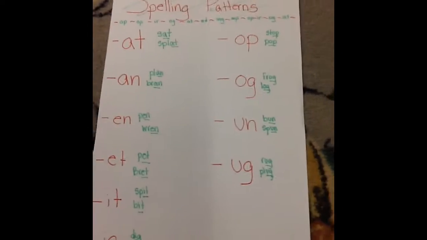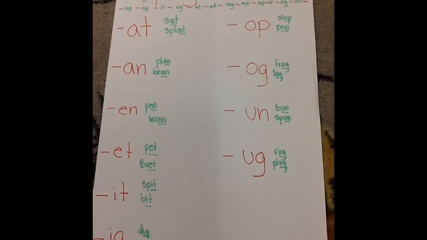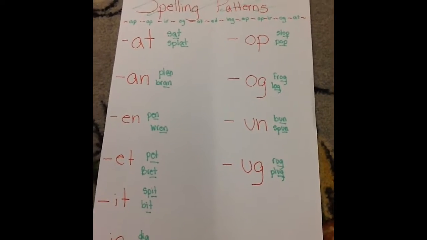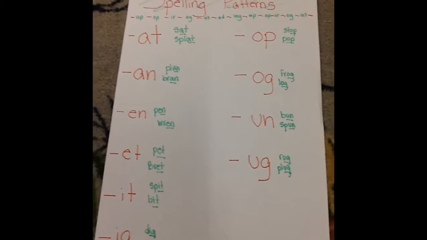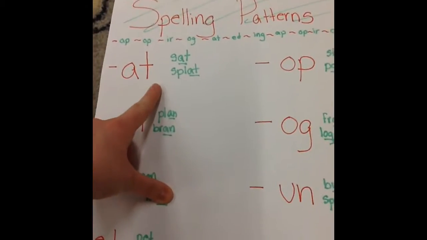Now, yesterday during reading, we talked about some common spelling patterns that we can recognize in words to help us know them right away, like at and op and an and og and en and un and et and ug and it and ig. We see these a lot in words, like the pattern at we see in sat and splat.